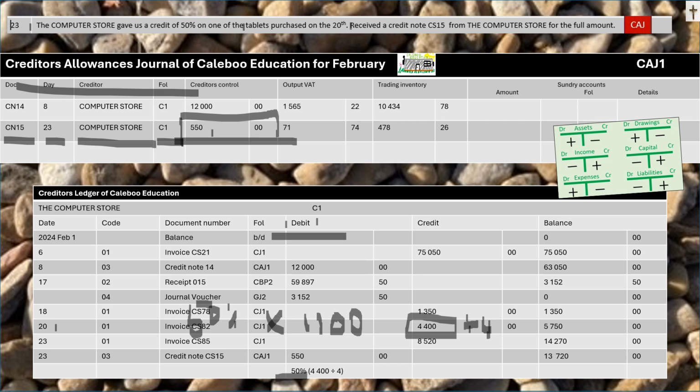Because according to the rules, a decrease in liabilities in our books goes in the debit column, and the amount is 550. So now the balance goes from 14,270 minus 550 is 13,720. On the 23rd, that's what we owe the computer store.